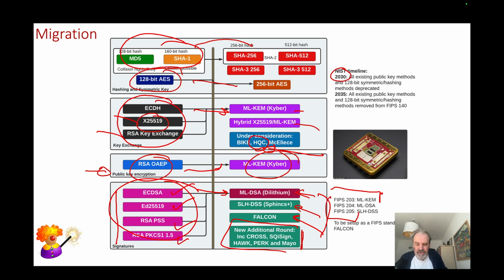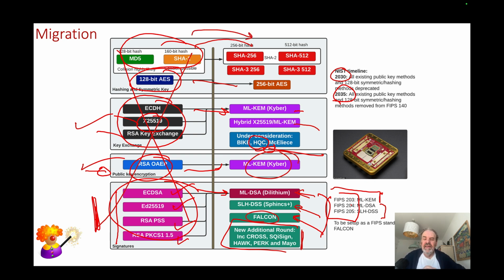Okay, so FIPS standard 203 is for ML-KEM, and 204 and 205 are for the two signature methods that we have here, along with Falcon being created. So then by 2035, all our existing public key methods and key exchange methods must be gone, and then they will be replaced by either improved symmetric key and hashing methods or our post-quantum cryptography.